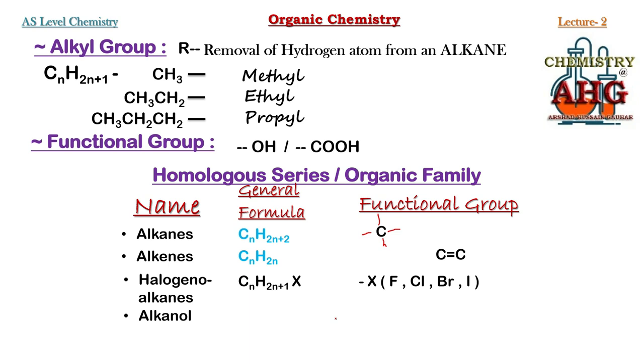So what will be the general formula? Yes, you are right. The general formula will be CnH2n+1OH, and the functional group of alkanol is hydroxyl, OH. So this is the list of homologous series in your syllabus that we will discuss in detail in your AS level.